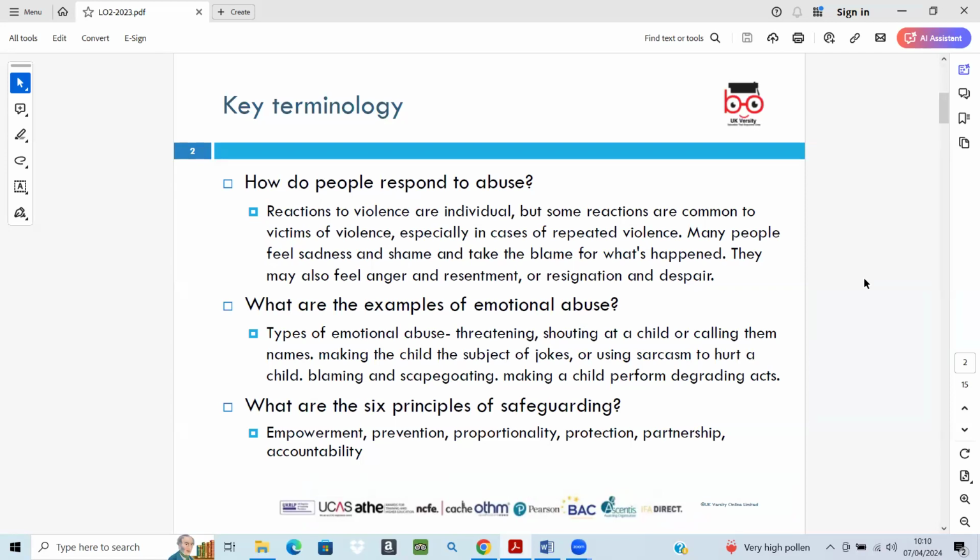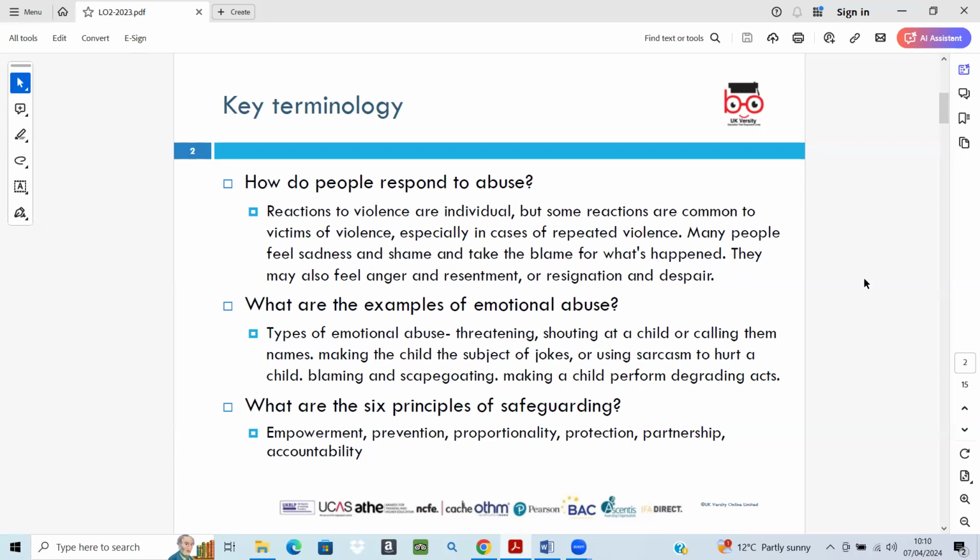So now our next slide is for the key terminologies. How do people respond to abuse? What are examples of emotional abuse? What are the six principles of safeguarding? Right, the six principles we also did in the last class.